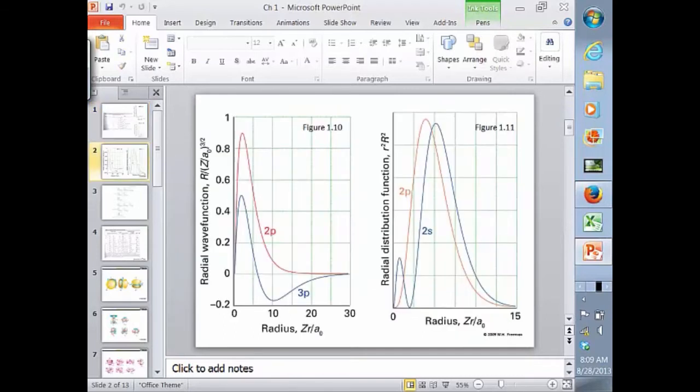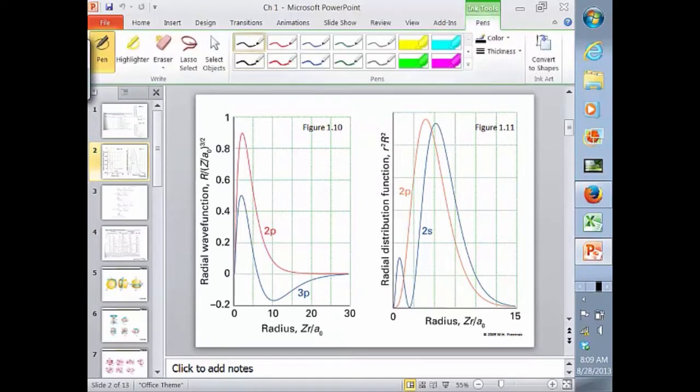If we go and look at the square of the function, technically this, hold on, let me get my pen out. So here we have basically, this is r, the function of r, and this is the radius squared times r squared. That's the radial probability function.